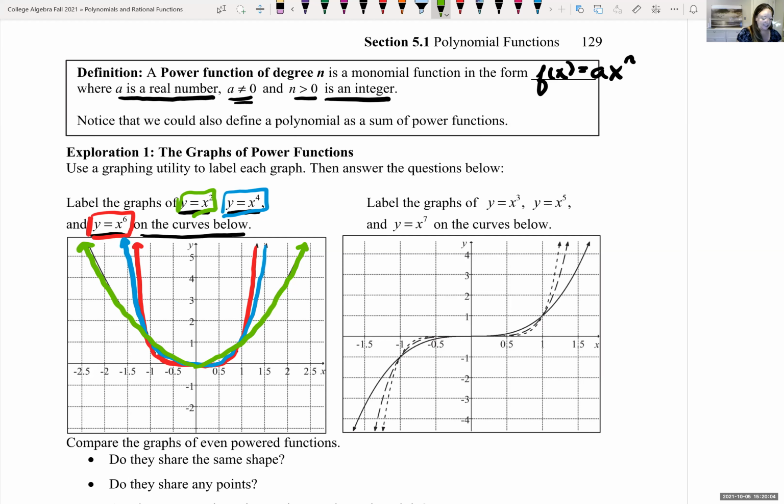Same kind of idea when we would graph x cubed, x to the fifth, and x to the seventh. The higher the power, as x goes off to infinity, the faster our function is going to be growing. And so if we look at this x to the seventh, the one that is getting steeper faster, that would be this dotted one.